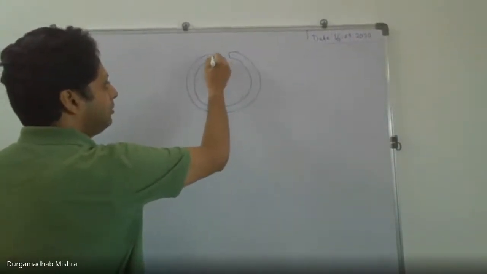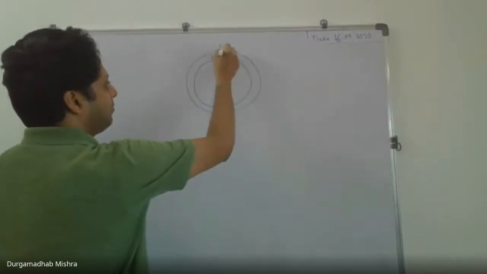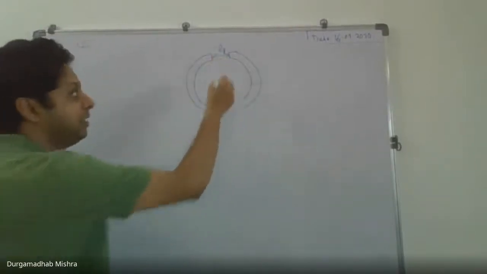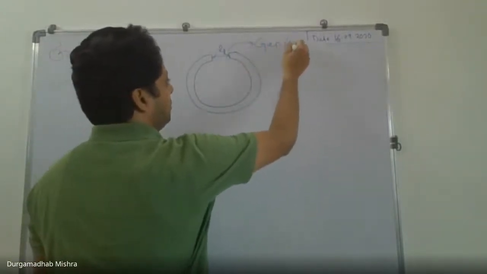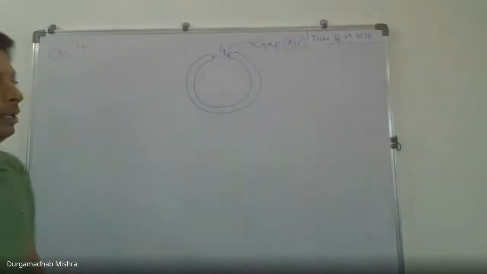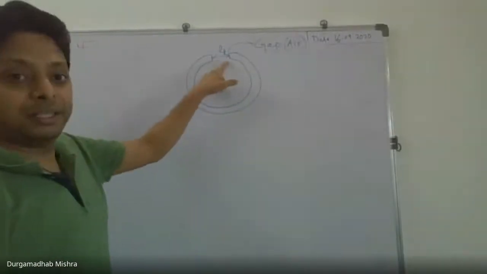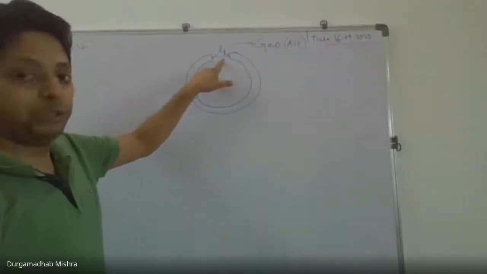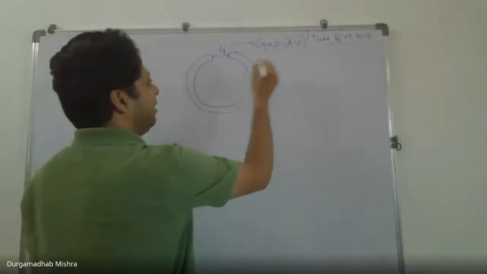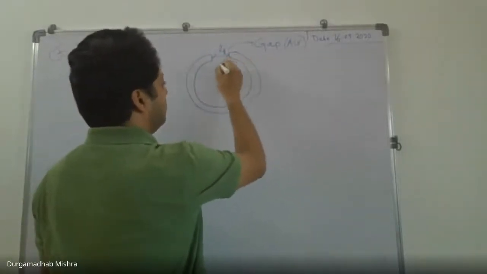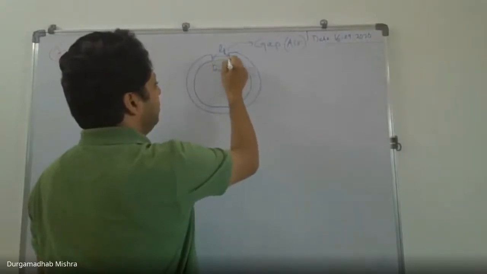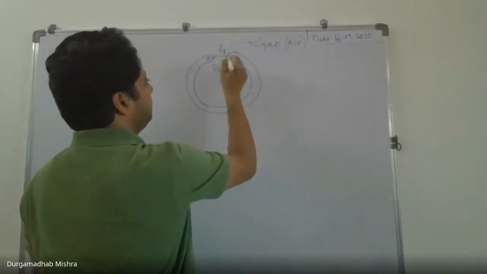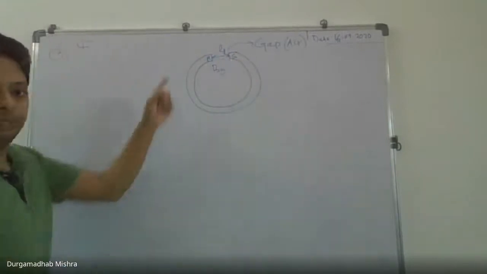We call this the gap. Basically, this is a gap which is filled by air. What we want is for the magnet to produce a magnetic field. Here the magnetic field is Hg. This is the magnetic field it produces within the gap.